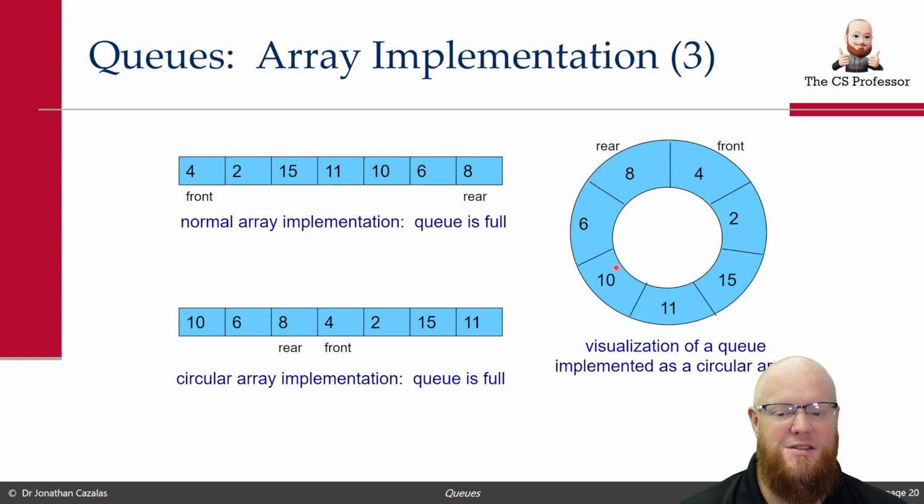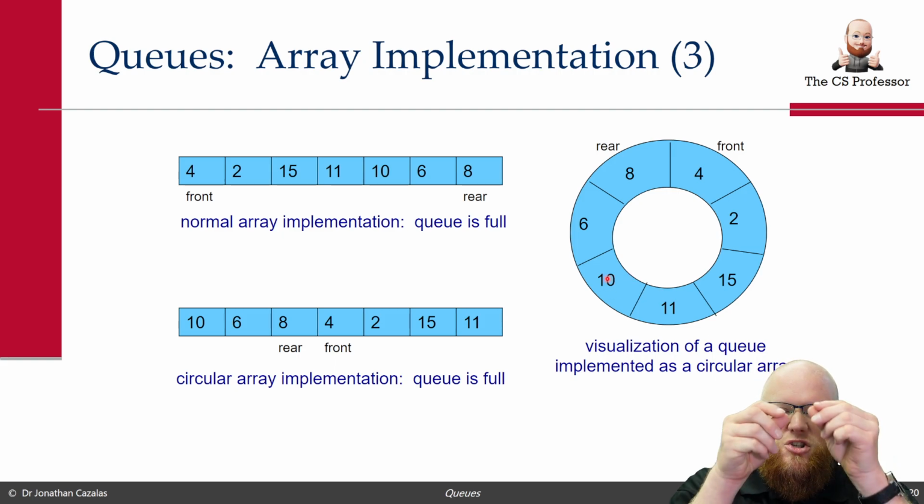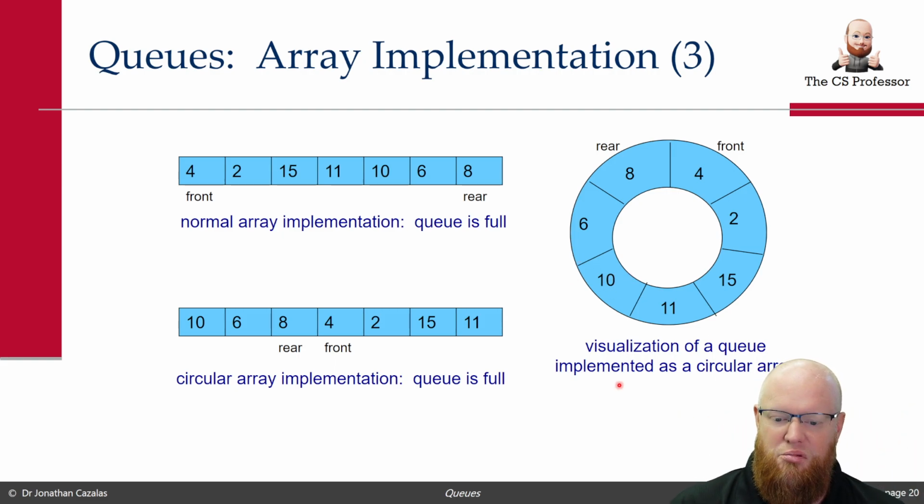Why? Just to demonstrate, it doesn't matter where the front officially is or where the rear is, as long as we recognize that we can just wrap around this array. So imagine I cut it right here, and then I grab this 11 cell and this cell with the 10, and I stretch them back out, and I bring the 11 over here and the 10 over here.